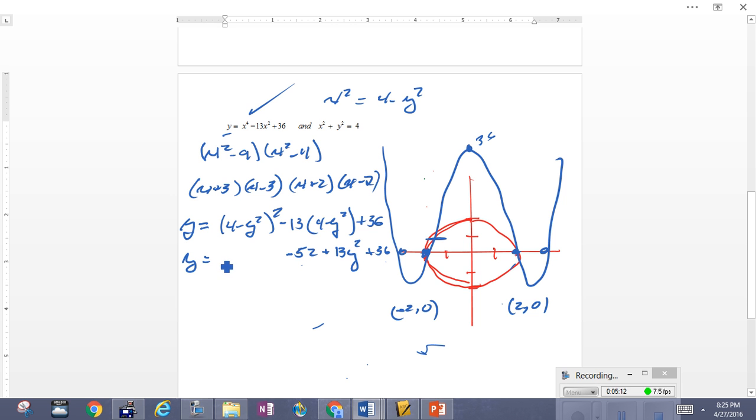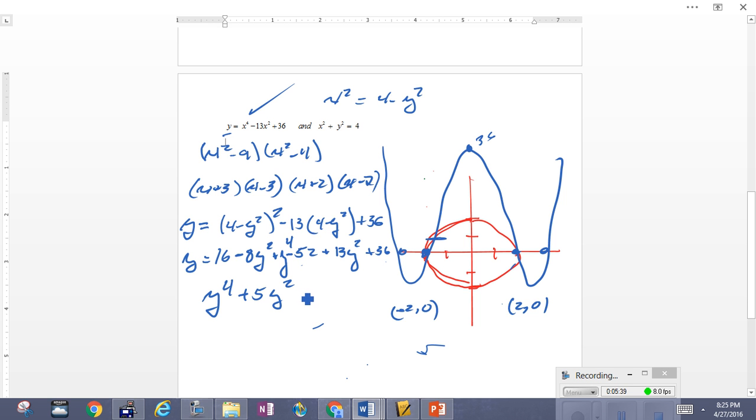Okay, so that's 16 minus 8y squared plus y to the fourth. Okay, so I do have my y to the fourth term. Okay, I have my minus 8 plus 13, which is going to be plus 5y squared.